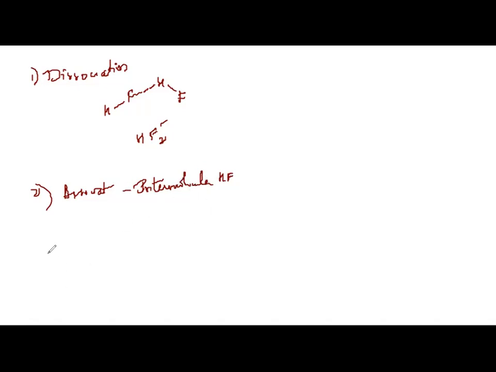Third point is high melting and boiling point. Example, if you see water, I will show you. One molecule of water can form 4 hydrogen bonds. I may say how. Just see here. Oxygen is having O2 minus, right?